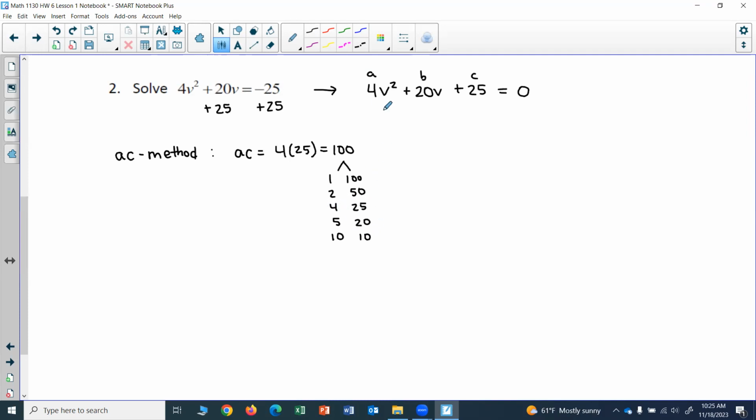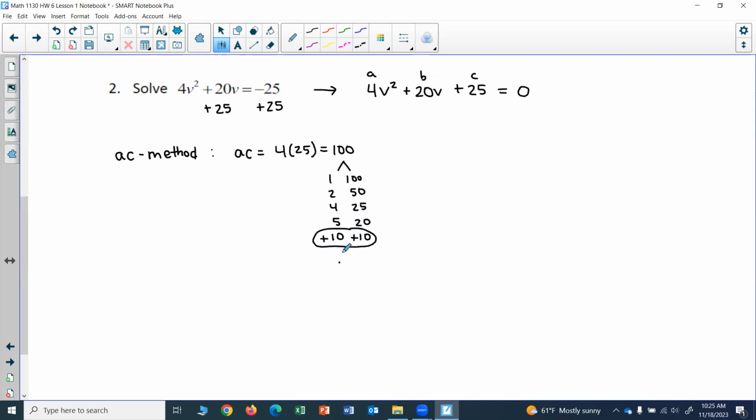So I want a combination that multiplies to be positive 100 and adds to be positive 20. So they have to have the same sign so that they multiply to be a positive 100. And I want my result to be a positive 20 when I add them together. So the combination that would work here would be a plus 10 and a plus 10.